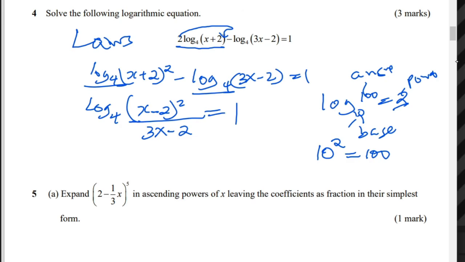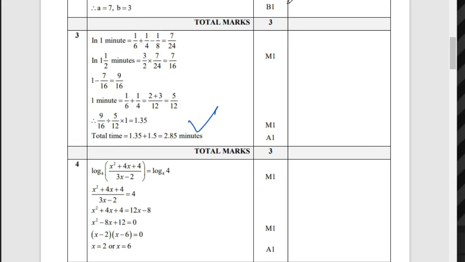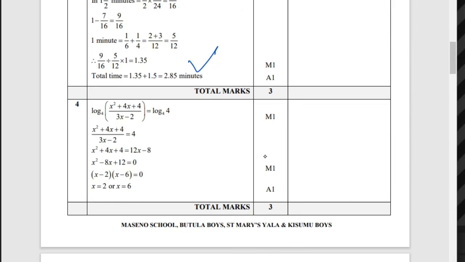So do the same with this one. This is the base, this is the power, and this is the answer. So from there you solve that, like you can see here.